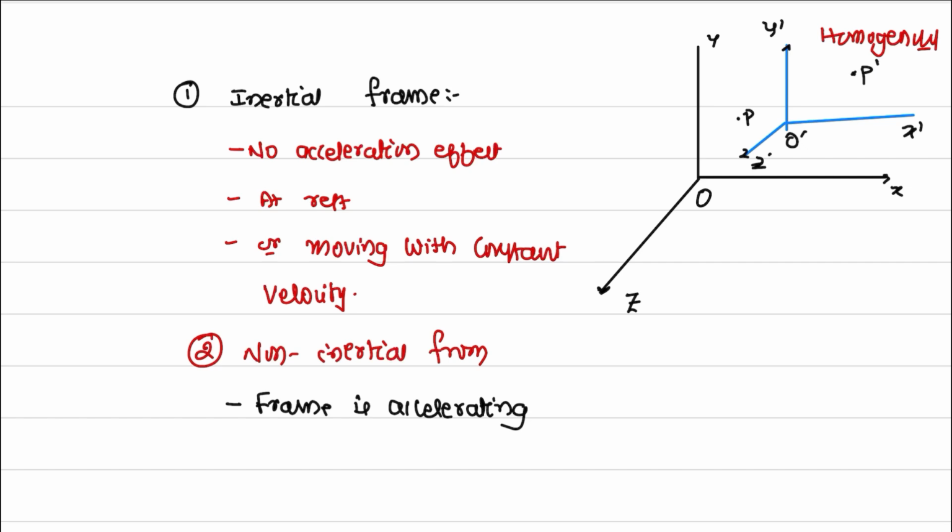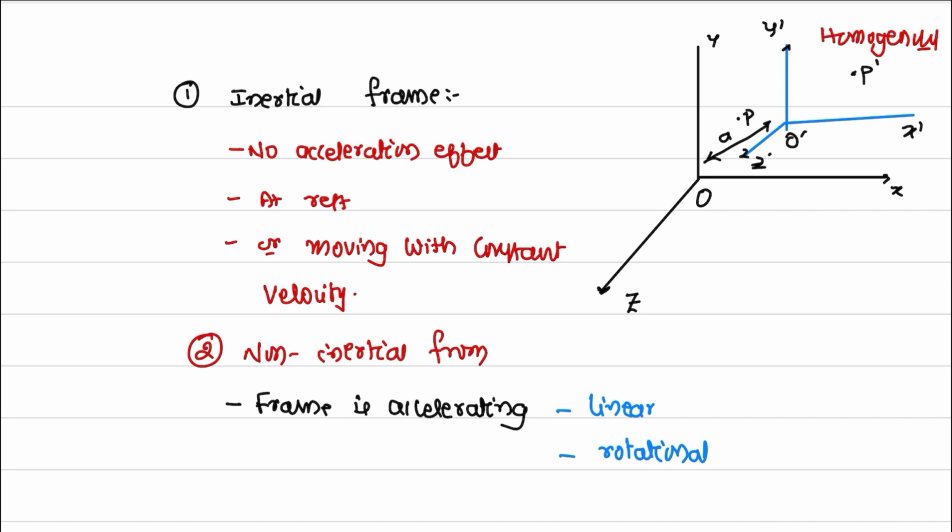The acceleration can be, that means just see, this frame O to O dash, it is accelerating with some A. Either the acceleration can be linear or rotational. That frame is accelerating. The frame is moving from one place to another place in an accelerated motion. The frame itself is moving.